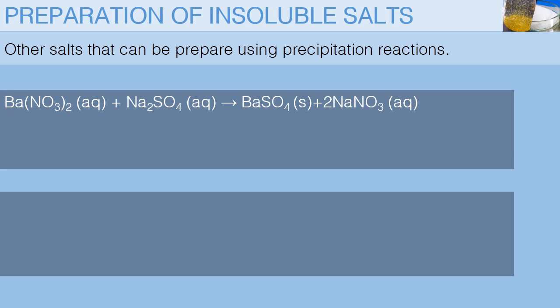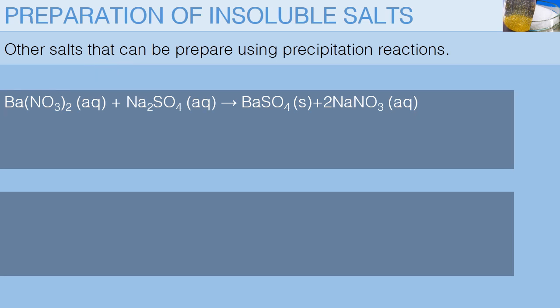It is also important to note that the two salts that are used in the preparation must be soluble in water. So the reactants must be soluble in water for this reaction to take place, so that the ions can be split in water.